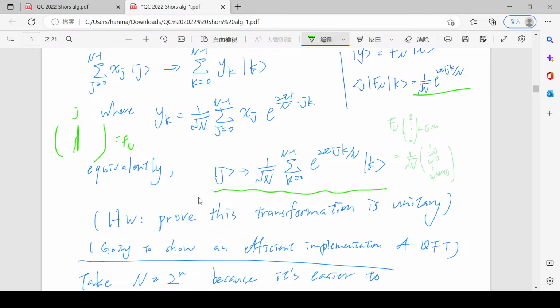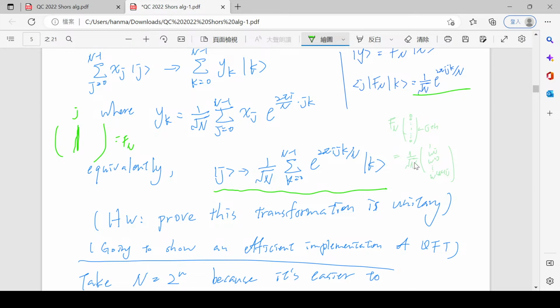And because of linearity, if you can make sure your circuit's action on every computational basis state is correct, then you are doing the correct unitary. Okay, so we just need to make sure our unitary is doing this on every computational basis state.